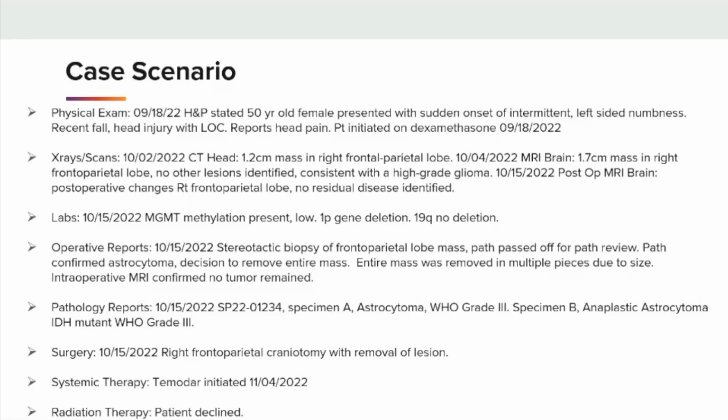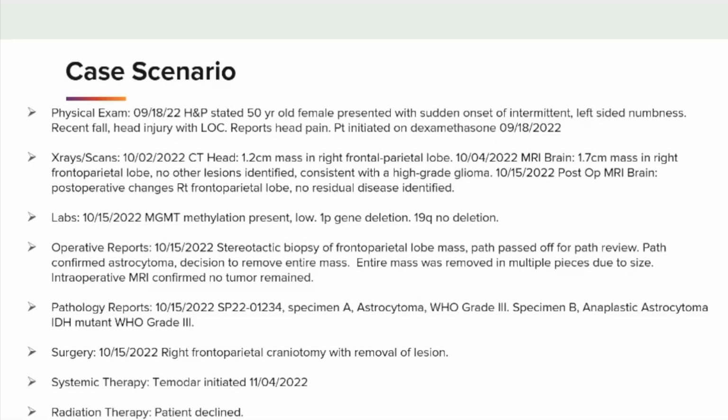The operative report, a stereotactic biopsy of frontoparietal lobe mass. The path passed off for path review. The path confirmed astrocytoma. Decision was to remove the entire mass. The entire mass was removed in multiple pieces due to the size, and the intraoperative MRI confirmed no tumor remained.